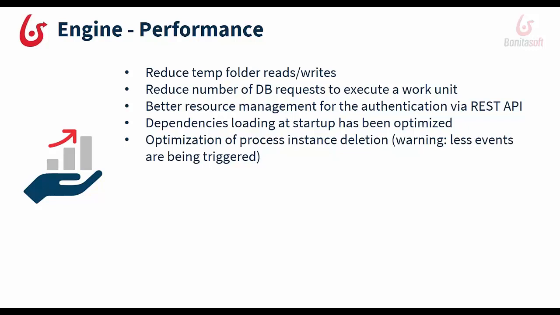So the engine was basically struggling doing that. Depending on the load you have, that can have some impact on the engine. So we just reduced this amount of events. If you use these events in your application or in your integration, it is possible to configure the platform to use the legacy implementation.